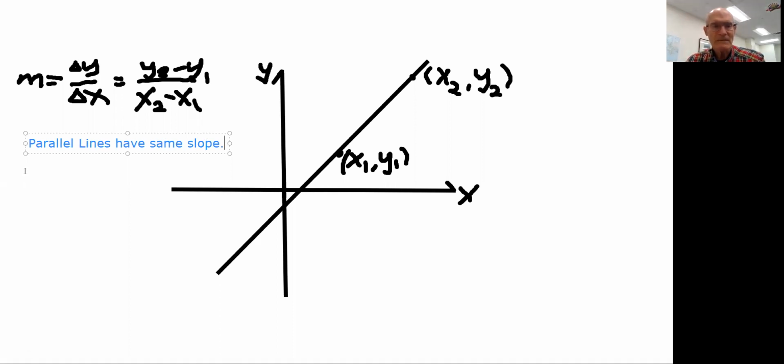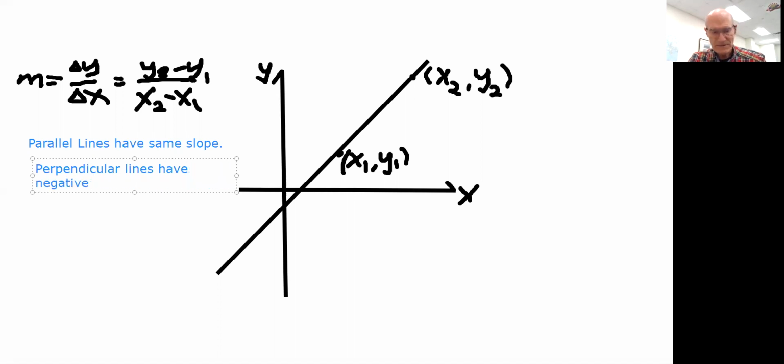Okay, the other type of line we're interested in would be perpendicular lines, and they have negative reciprocal slopes.